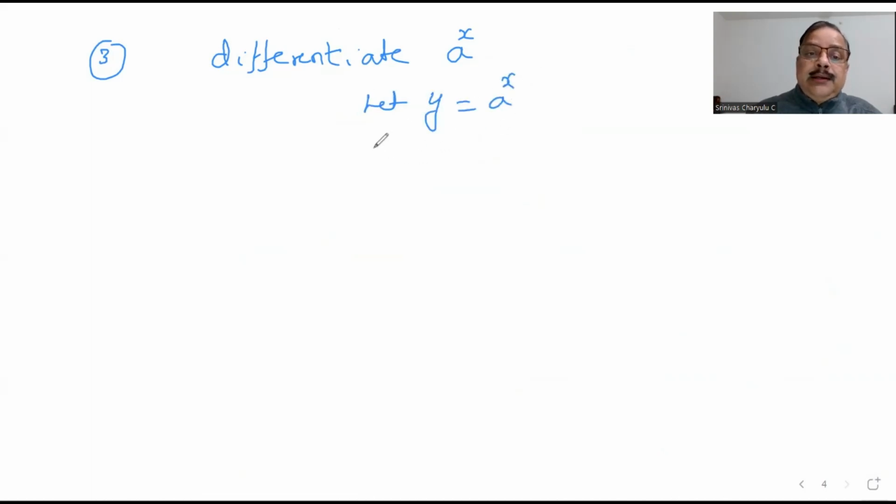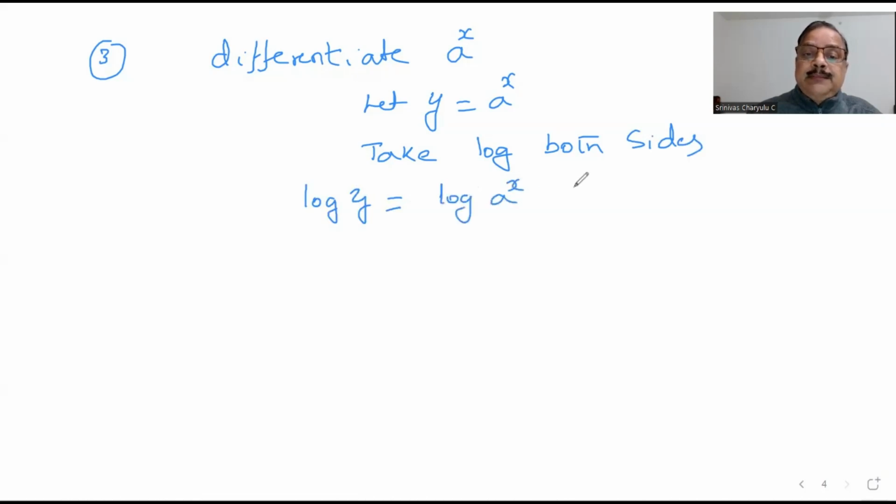Then take log both sides. Then what you will get? Log y is equal to log of a to the power of x, which we can write now as x log a.